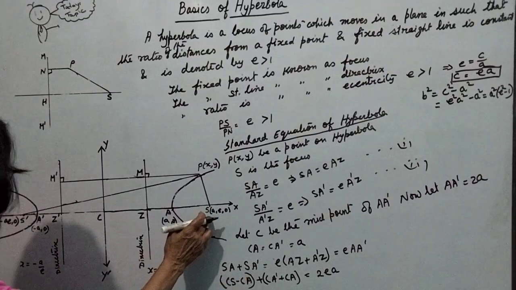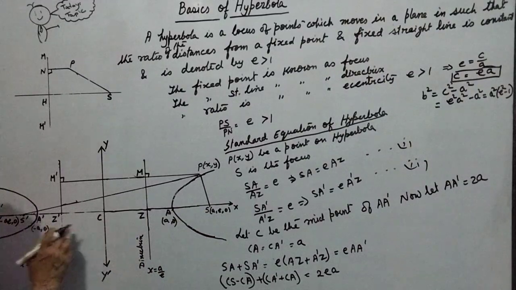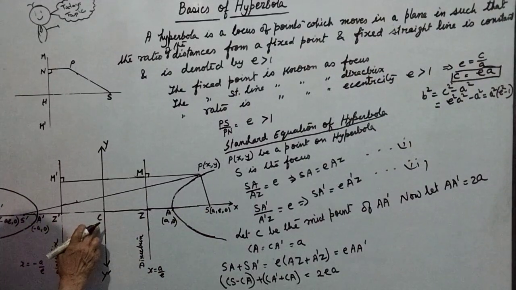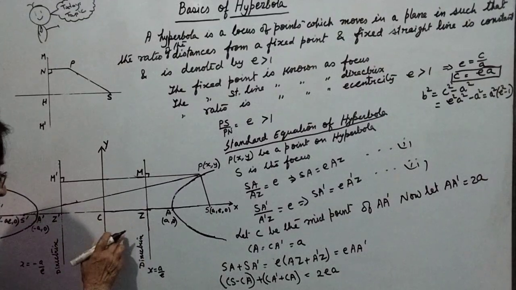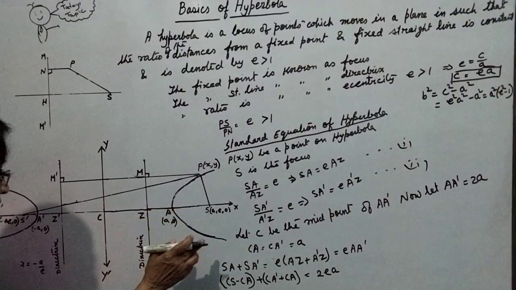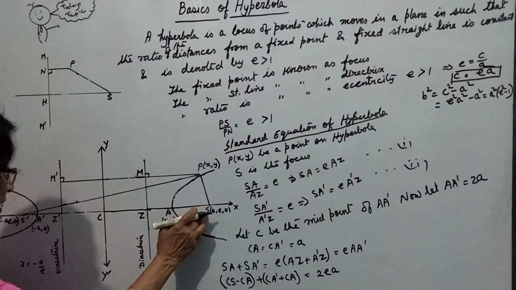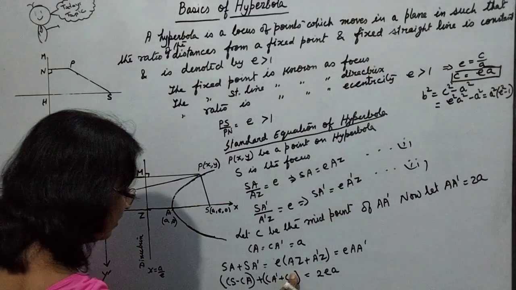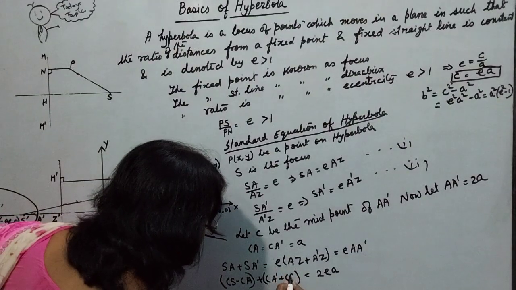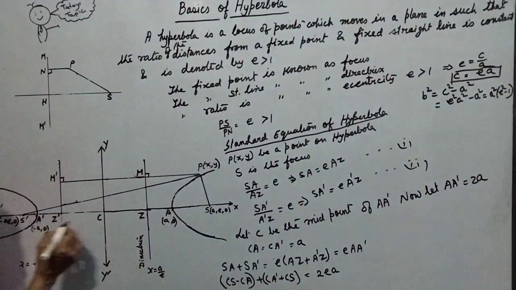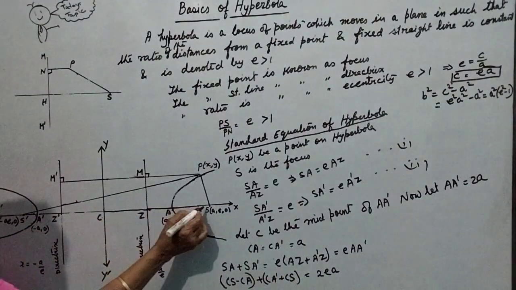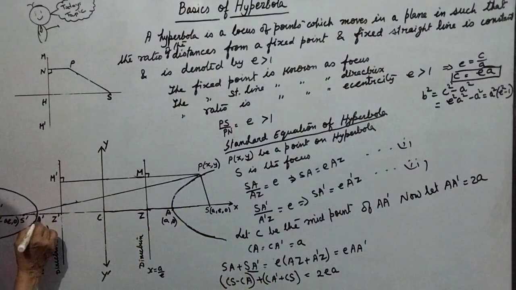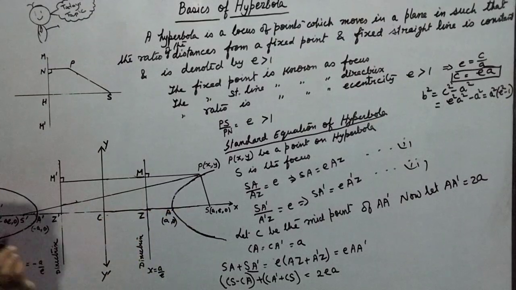SA dash is equal to A dash C plus CS. This SA dash is CA dash plus CS.